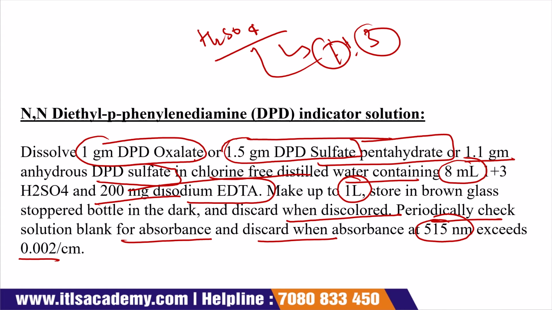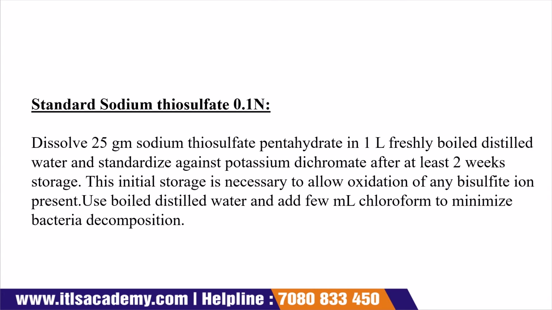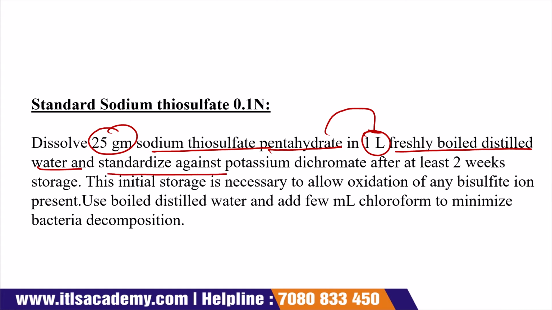Now the next reagent that we require is a standard sodium thiosulfate of 0.1 normality. For this we take 25 gram of sodium thiosulfate pentahydrate, and dissolve it in 1 liter of freshly boiled distilled water. After at least 2 weeks of storage, the initial storage is necessary so that it allows the oxidation of any bisulfite ion.